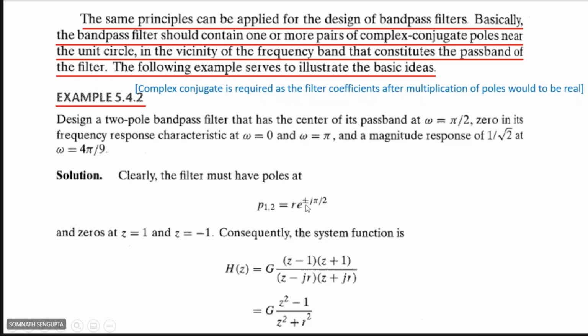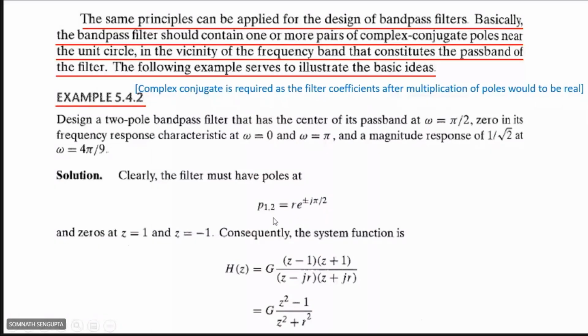At this frequency it should have gain, that is the center frequency of the pass band, maximum gain or constant gain, whatever it is. So omega is pi by 2 and poles are considered because it is values of z. So z is equal to R e to the power j omega. It is your formula.